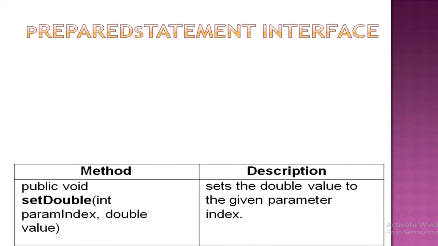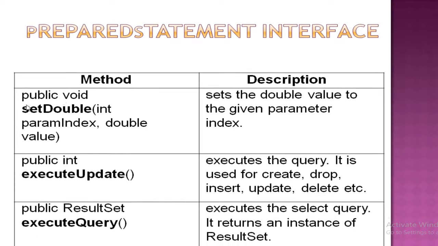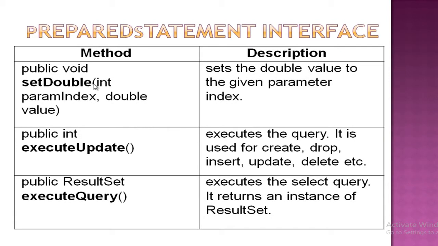Okay, next method, there is public void setDouble(int parameterIndex, double value). Right? So it sets the double value to the given parameter index. Public int executeUpdate, that executes the queries.